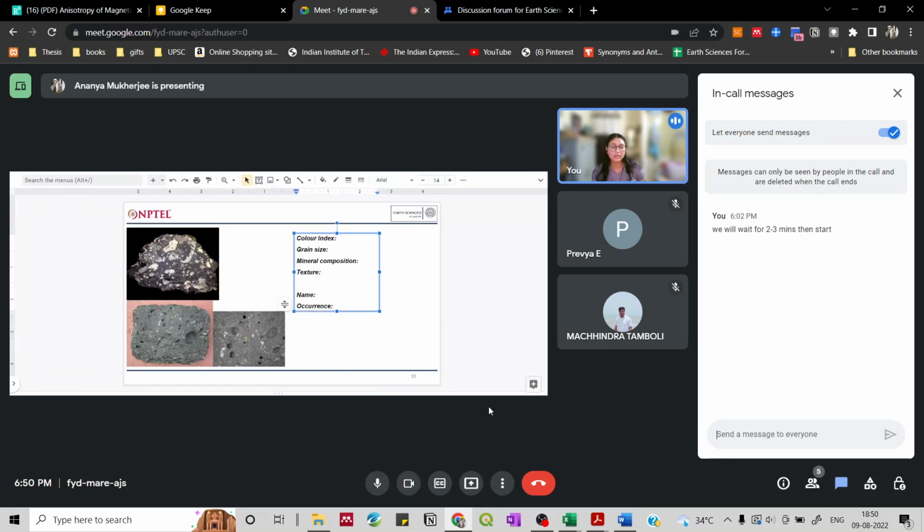Now this rock. The color index, we can see that it is mostly dark colored, so we can call it a mafic rock. Now the grain size: over here we can see that there are big grains, but these are not actually mineral grains. These are mineral precipitates which are accumulated within these kinds of holes that you see.